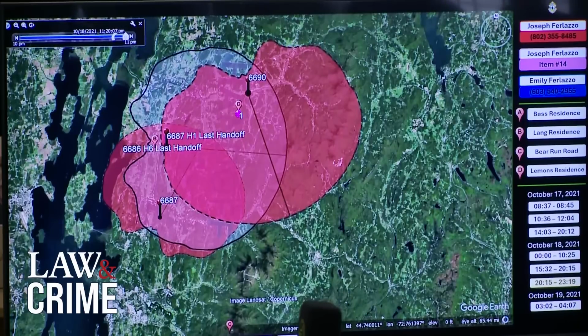Okay, so the device showed an arrival at the Lemons residence at approximately 11:19 p.m. on Monday, the 18th. There was a parked car location at 2319. Okay, at or near the Lemons residence. Okay.